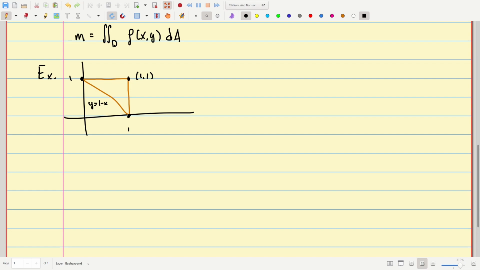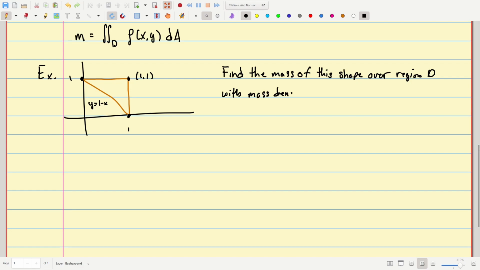Here we want to find the mass of this shape over region D with a mass density function given to us by rho equals xy.